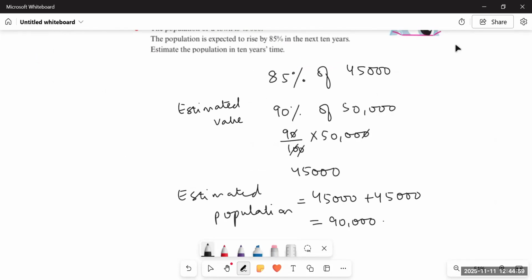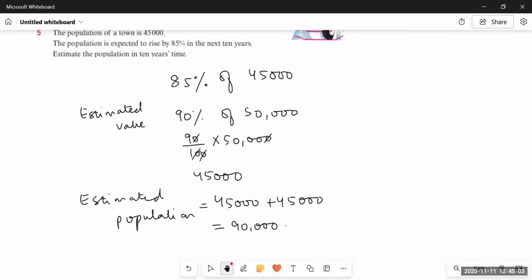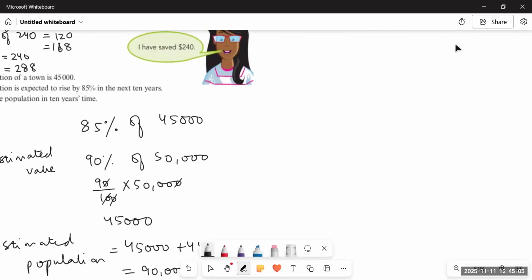Right? If we have to calculate the actual value, then what would be the actual value? Let's see. 85% of 45,000 equals 85 over 100 multiplied by 45,000. We will cancel the two zeros with the two zeros.